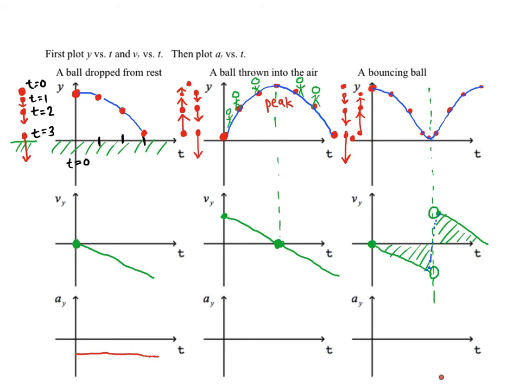All right, now for the accelerations of the two, go ahead and guess what you think the accelerations look like for these two cases. It's a little tricky. Remember that the acceleration at any given time is the slope of the velocity graph.